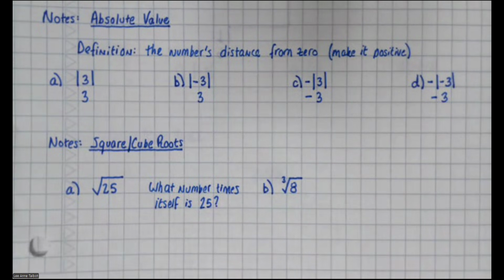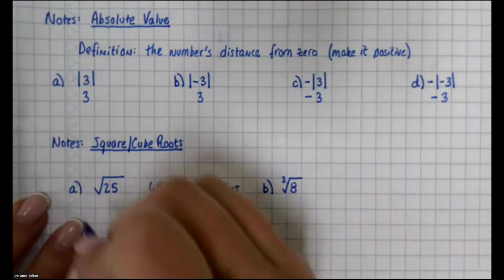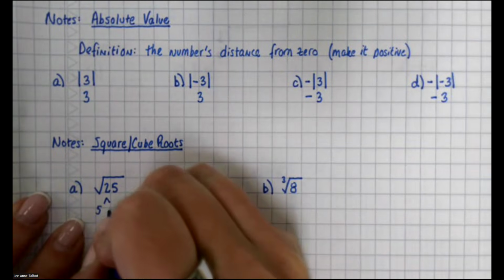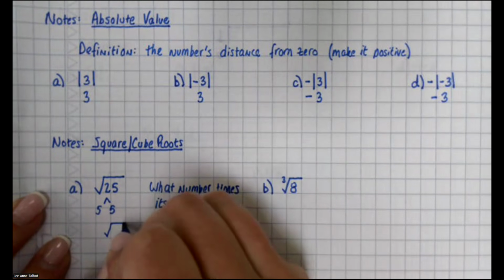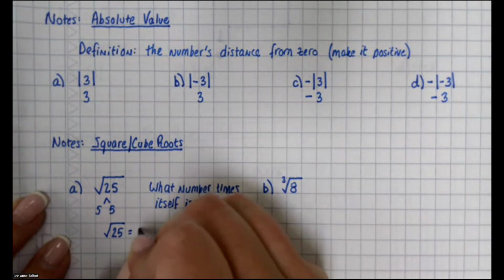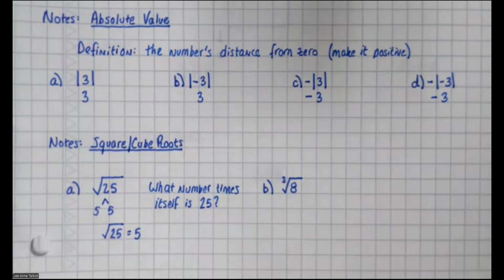Okay, so if you don't have a calculator, but you know your multiplication tables, you're going to say what number times itself is 25. And I like to use a little factor tree to show that 25 is 5 times 5. So the square root of 25 is 5. You're always welcome to do that on the calculator. It's totally fine. I just want you to know what you're doing, like what the calculator is doing.